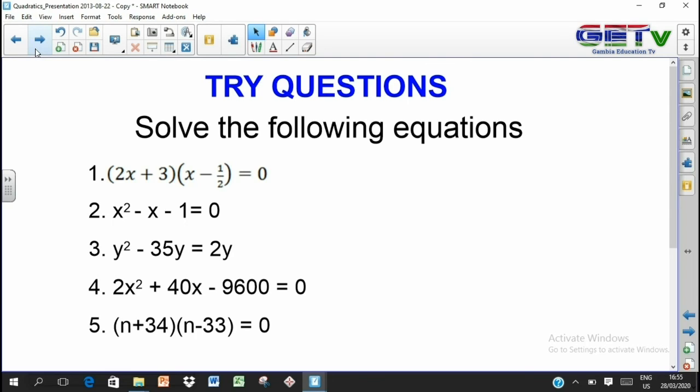And the last but not the least is bracket open, n plus 34, bracket close, bracket open again, n minus 33, bracket close, equals 0. So these are very good questions that you can try during your leisure time.